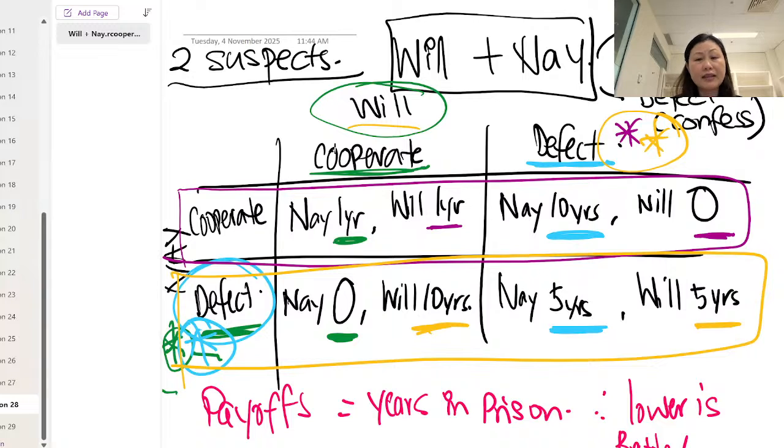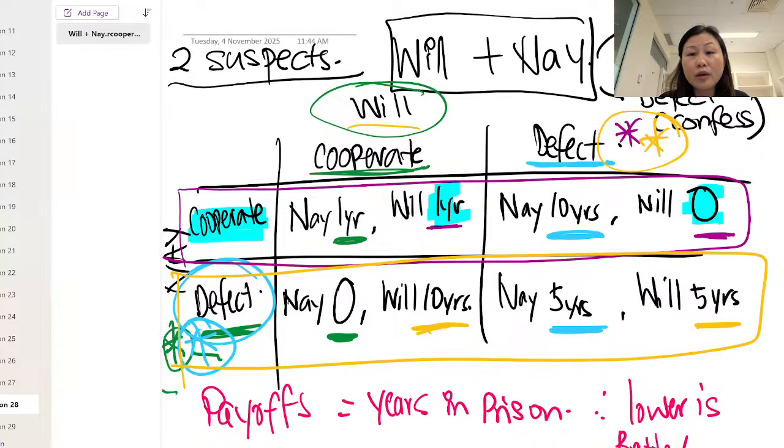Their dominant strategy, as we could tell, when we look at Nay cooperating, and we look at the options that Will has, Will either gets no jail time or 1 year. Of course, no jail time is better.